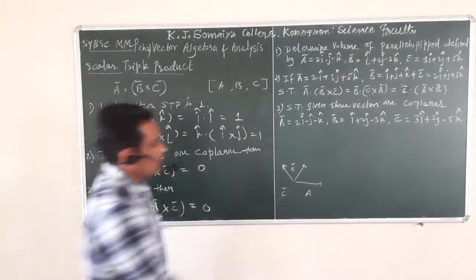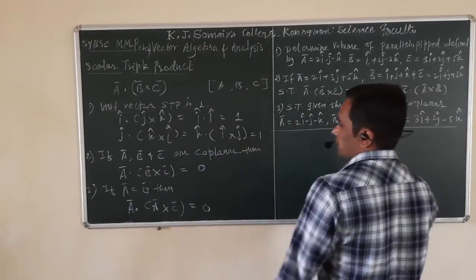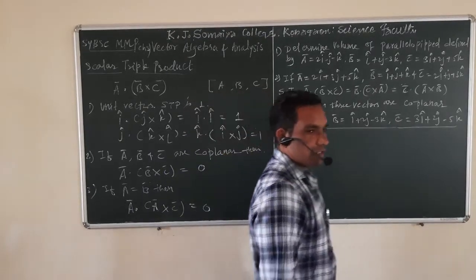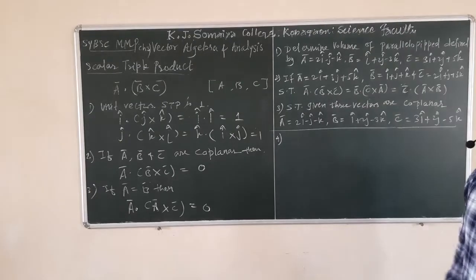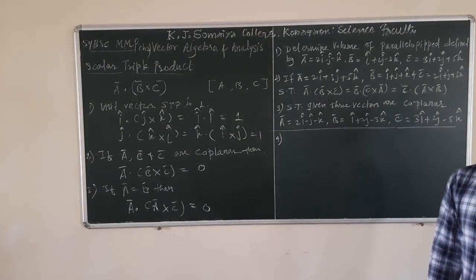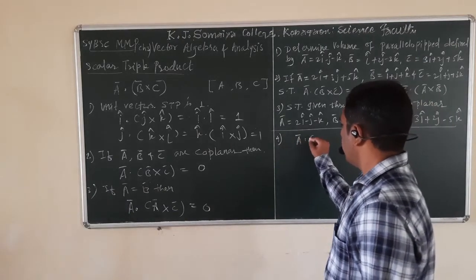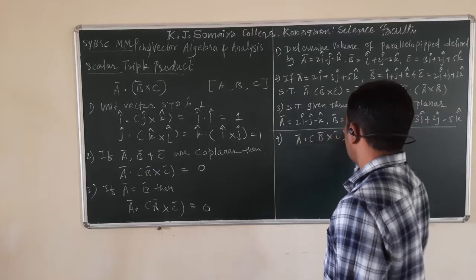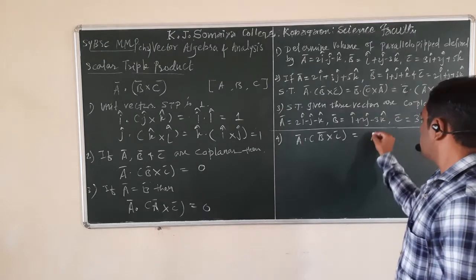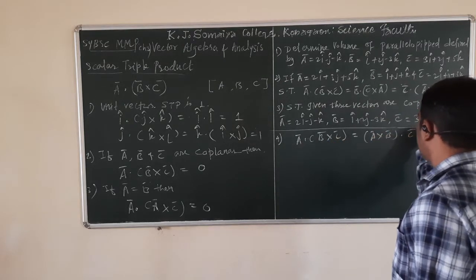Okay, now moving to the next property of scalar triple product, which is property number 4. In scalar triple product, we can exchange dot and cross, which means we can write vector A dotted with B cross C as A cross B dotted with C, as we are exchanging dot with cross.